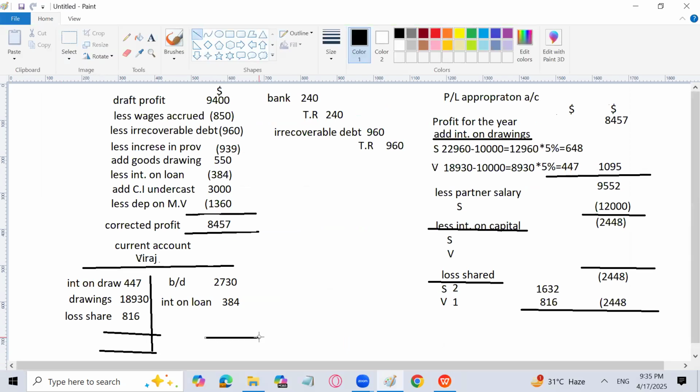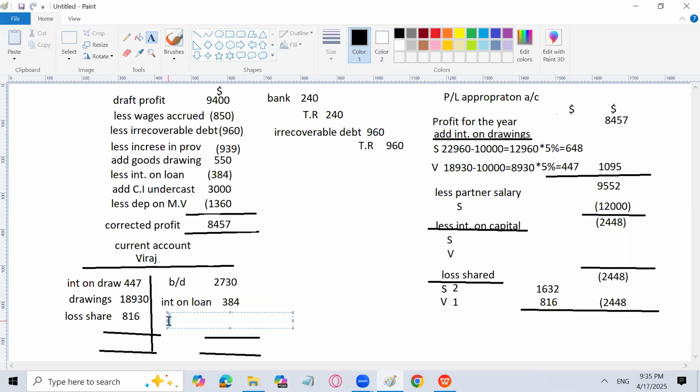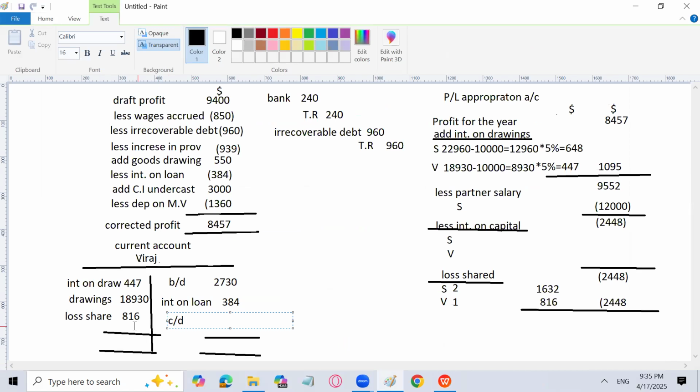I think the debit side is heavier. So go for the total and I will go for the credit down, and that will be brought down on the debit side. So his capital was credit, but now it has gone to debit because of drawings and because of the loss. So what is the amount of the debit side?